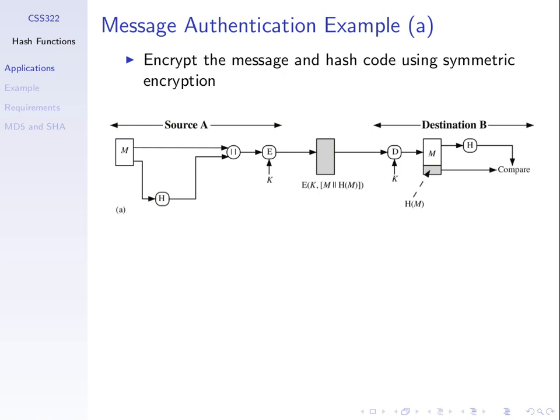They intercept the message. It's sent across some network, public network. The malicious user receives that. What does the malicious user know? They know the algorithms used, the encryption algorithm.